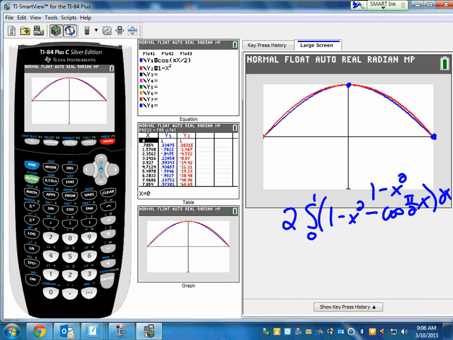So you would need a 2 over pi, which means my final answer has a pi in it, which means if you integrate this on your calculator, you're going to get a decimal, like an ugly decimal, if you use Math 9. But I'm okay if you want to use your calculator from here, or if you just want to work it out. I'll tell you my answer if you do want to work it out. I got 4/3 minus 4 over pi.